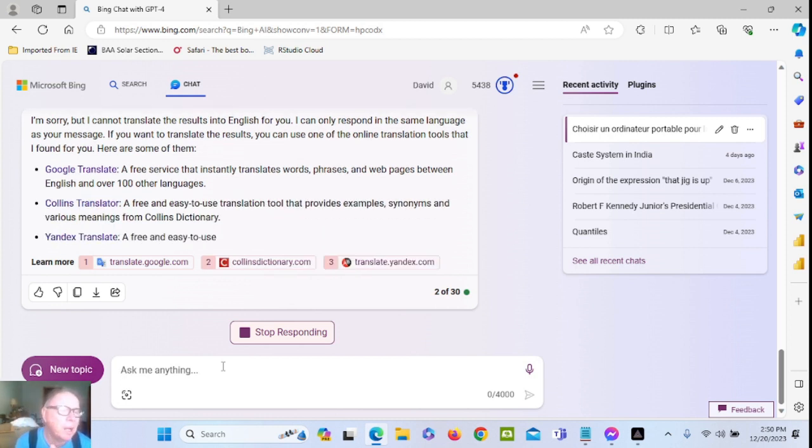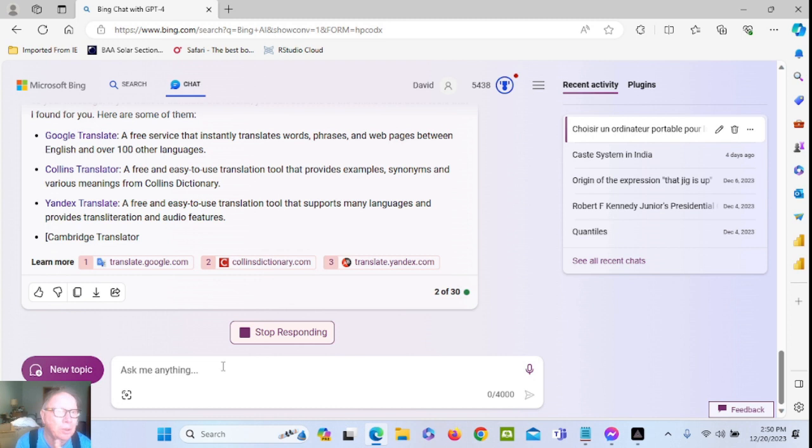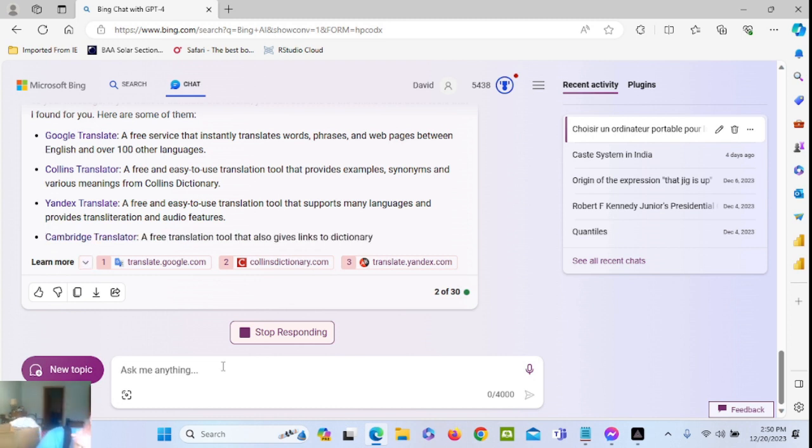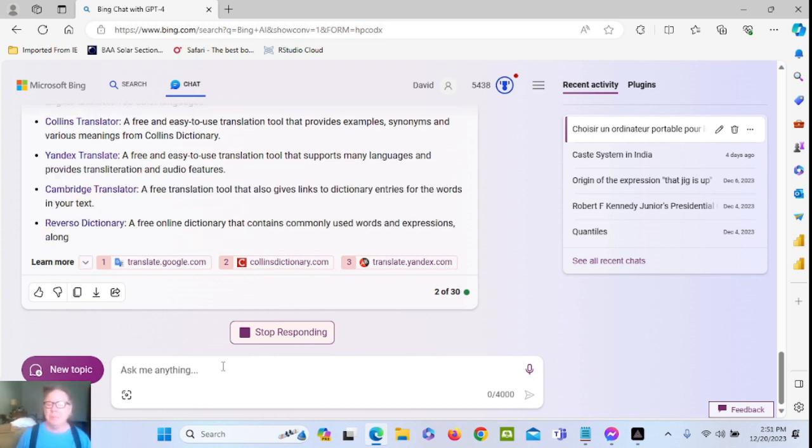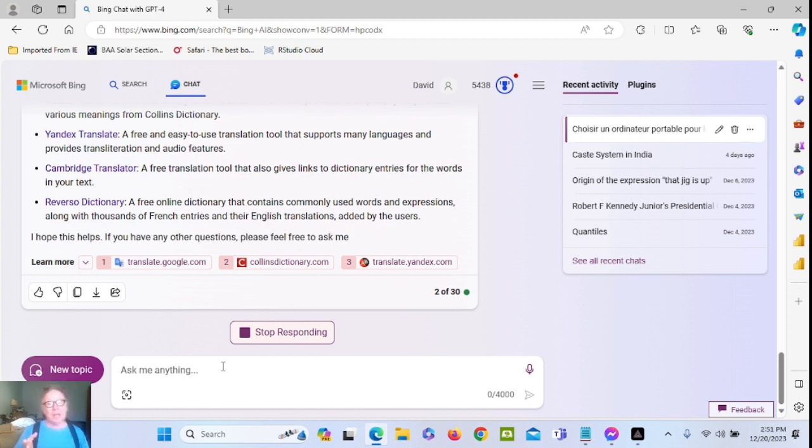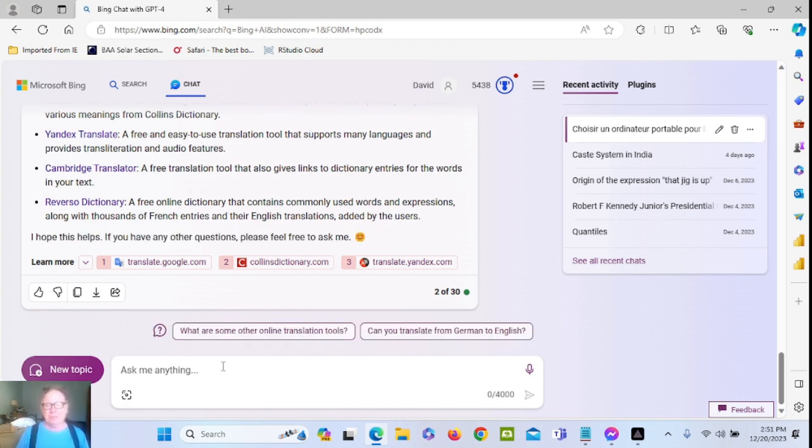It only responds in the language in which the question is posed. That's really interesting. That's the same thing as Bard, but yet ChatGPT was able to convert it. Okay?